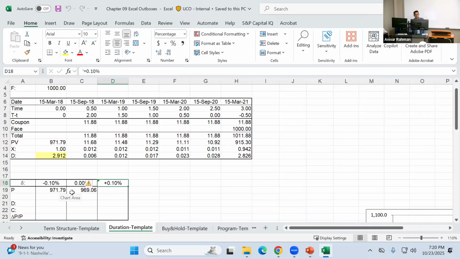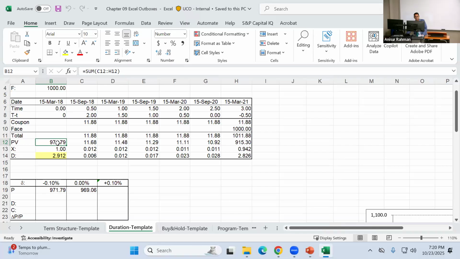Hold on, can I see the 971.79? This one, yeah, I just copied. I know, but why did the number change? Which number? The total. You mean this one? Yes.